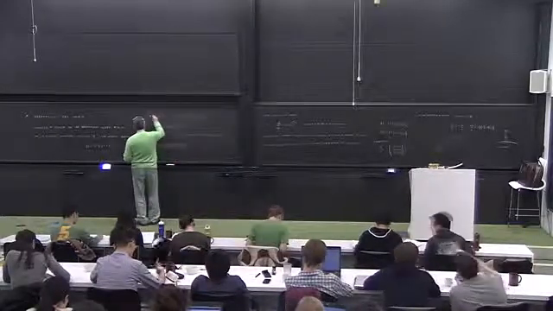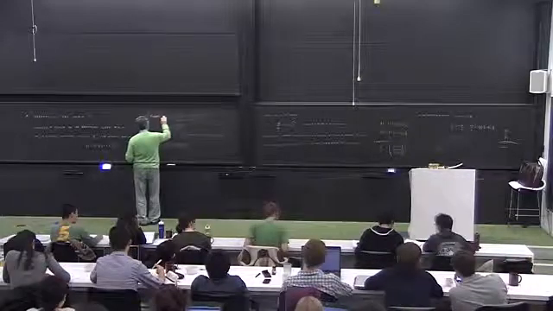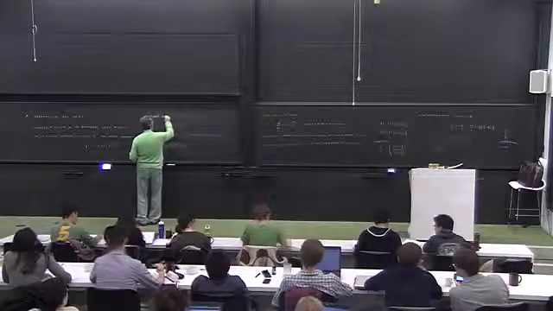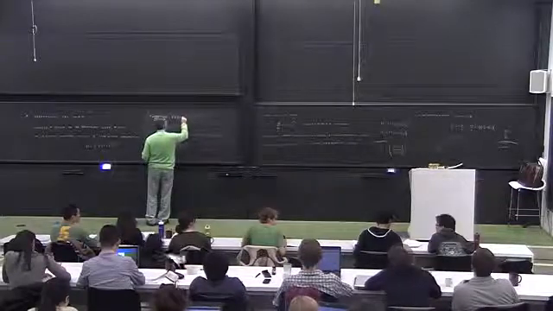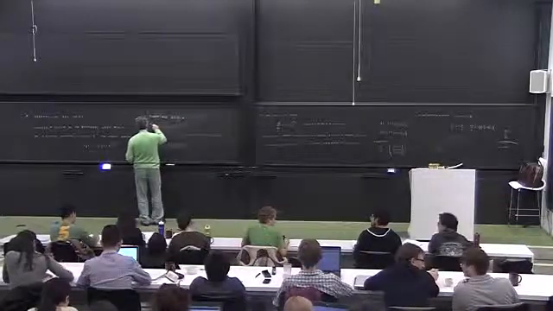So, two physicists by the name of Pound and Rebka did a terrestrial experiment.